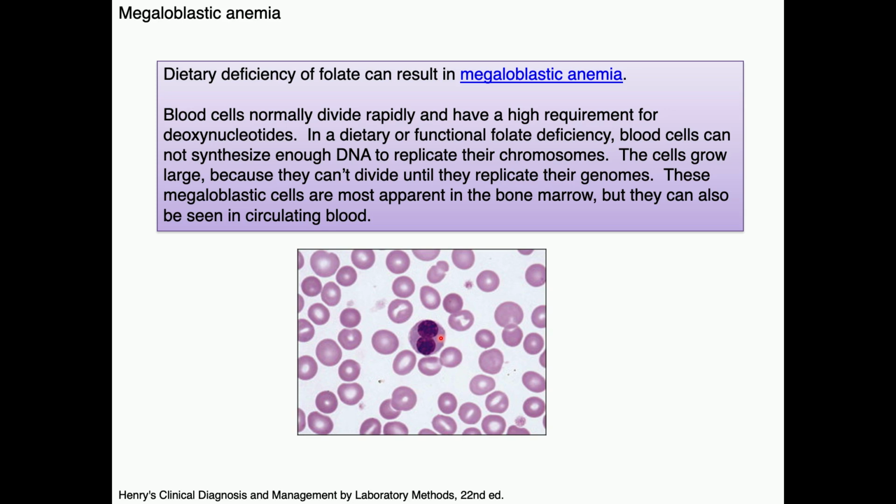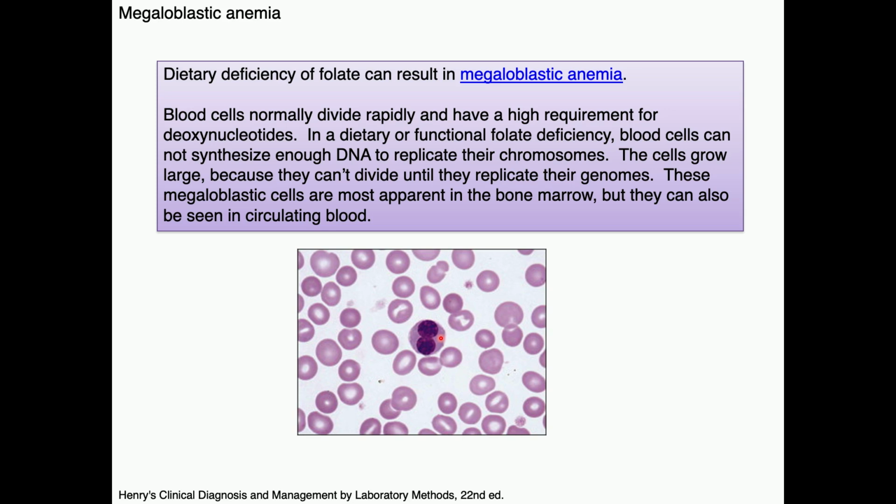Okay, so with a folate deficiency, or with a vitamin B12 deficiency that would give you a functional folate deficiency, you have a lack of nucleotides, a lack of deoxynucleotides. So a red blood cell or a red blood cell precursor that's in the bone marrow is trying to divide, but it can't divide because it doesn't have enough nucleotides to do it.